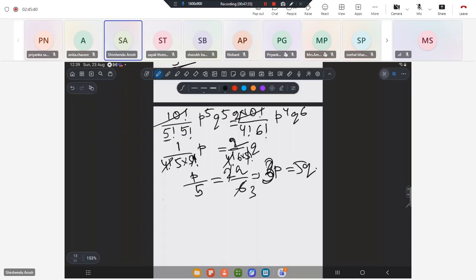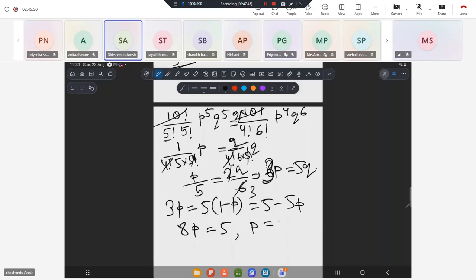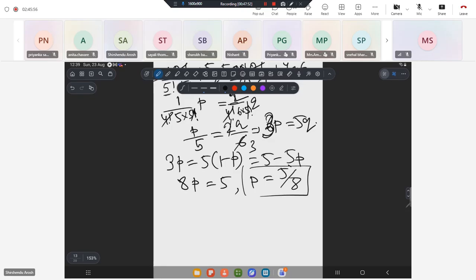So if 3p is equal to 5q, with q as 1 minus p, it is 5 minus 5p. So 8p is equal to 5. So p is equal to 5 by 8. So we got the quantity. q would be 3 by 8, obviously.